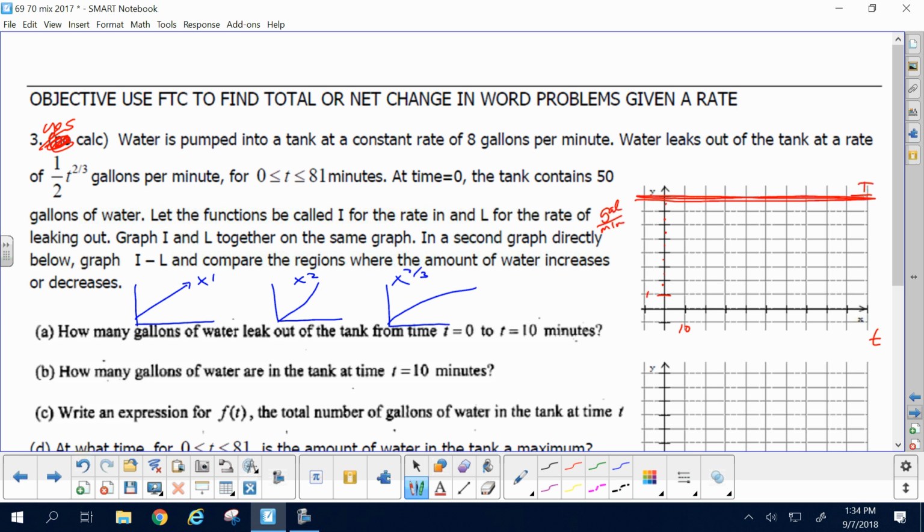Let's go with x at 0. The rate is 0. Good question. At 1, the rate is 1/2. What's the next good cube root? 8. At 8, we get 2. What's the next good cube root? 27. At 27, we get ish 4.5.